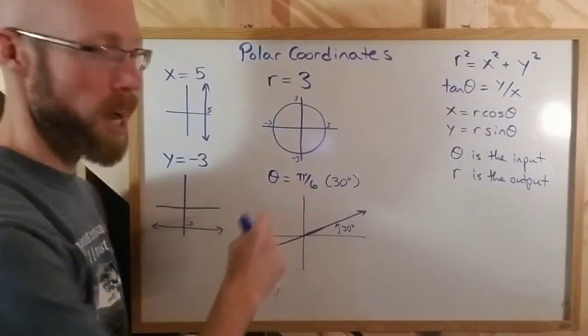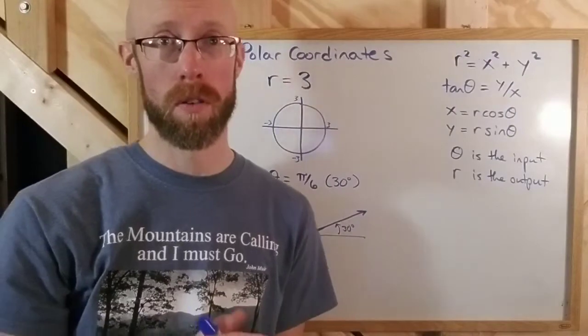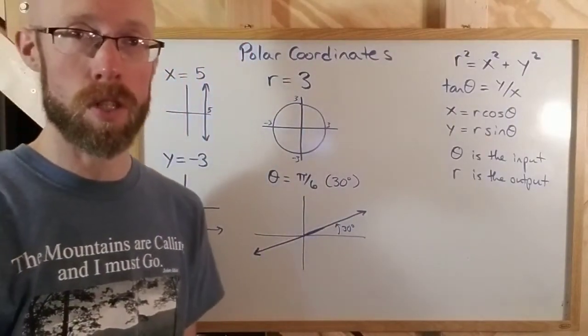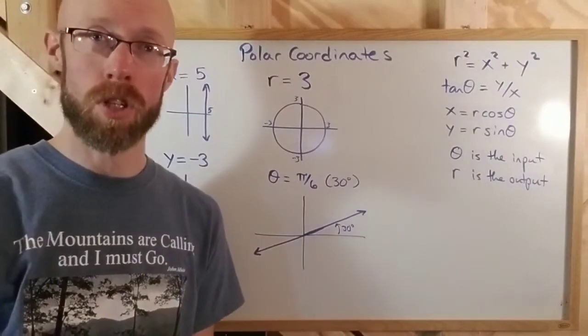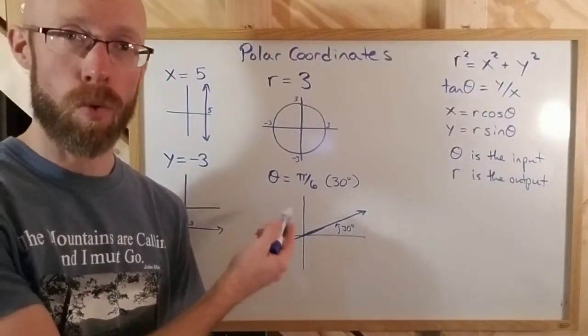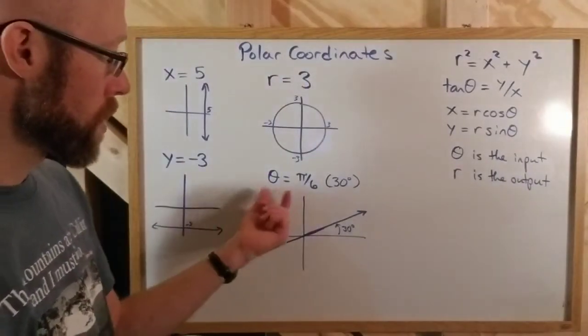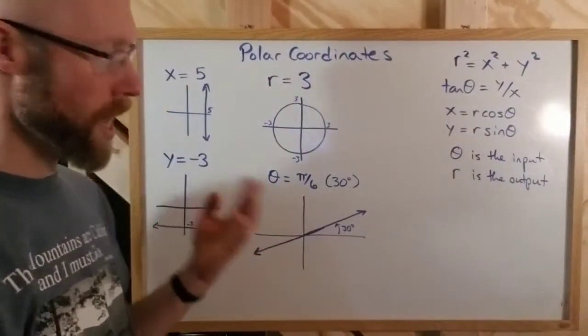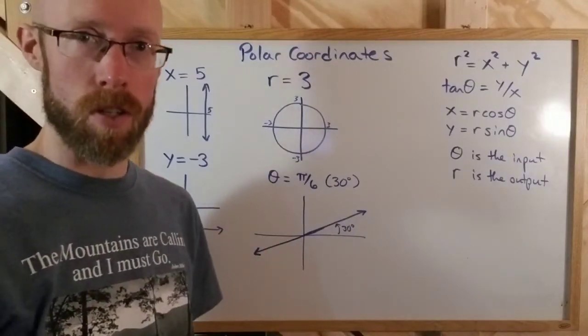Specifically, if theta is constant, that gives you a line that goes through the origin or the pole. It has to go through the origin. If you shift that line up or down, it's going to change the equation quite significantly. At this point, theta is fixed, so the angle is fixed. Those are our basic constant functions.